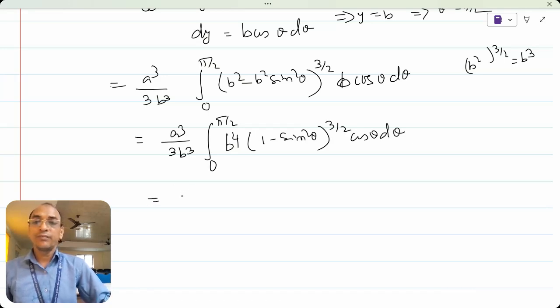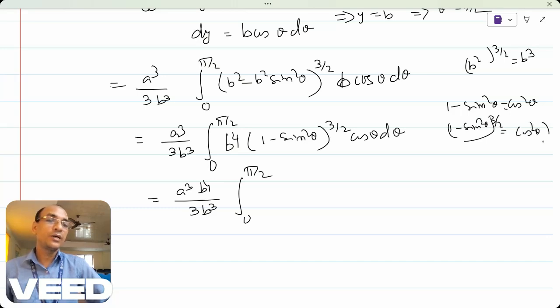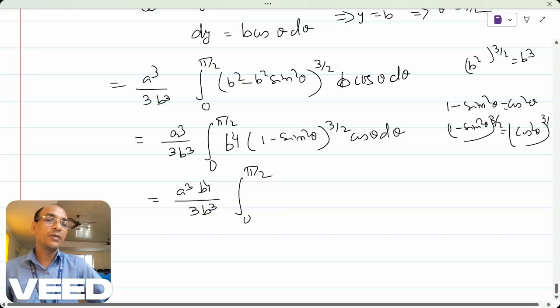So a cube b to the power 4 divided by 3b cube integration 0 to pi by 2. Here 1 minus sine square theta is cos square theta, so 1 minus sine square theta to the power 3 by 2 is equal to cos square theta to the power 3 by 2.